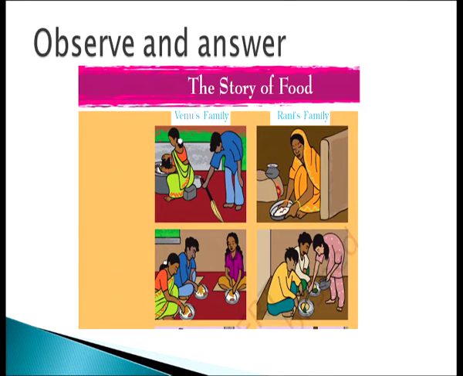Let us take another example. You must have seen this picture in the EVS textbook. This example is from the class 3 textbook. You see there are two different families. One is Venu's family and the other is Renu's family. Moving ahead, there are 6 pictures. In this slide there are only 4 pictures.